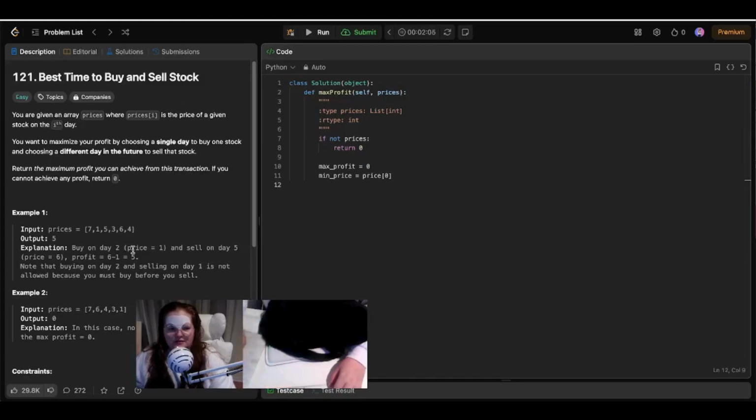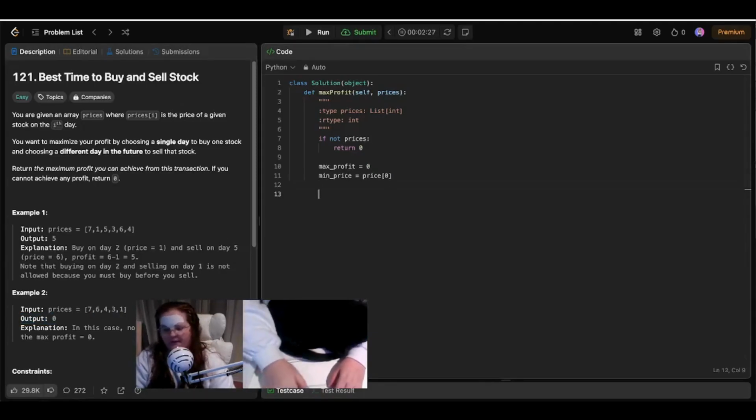So the prices are 7, 1, 5, 3, 6, 4, output 5. You can buy on day 2 for $1 and sell on day 5, etc. You must buy before you sell. Right. And these ones are all decremented.